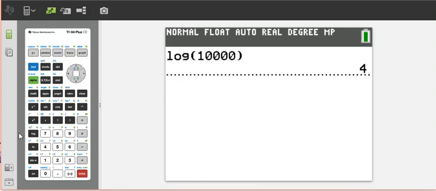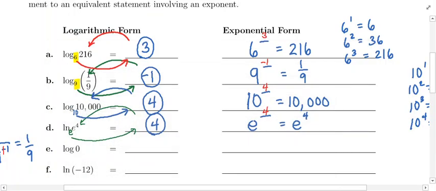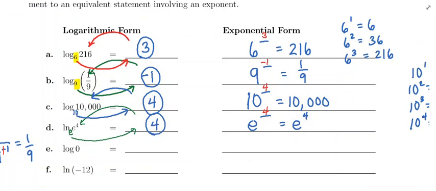Or we could have punched in natural log of e to the 4th, and it would have given us 4. So you have these log and ln buttons at your disposal on your calculator. But log is specifically for base 10, and ln is specifically for base e. They don't do the same thing.